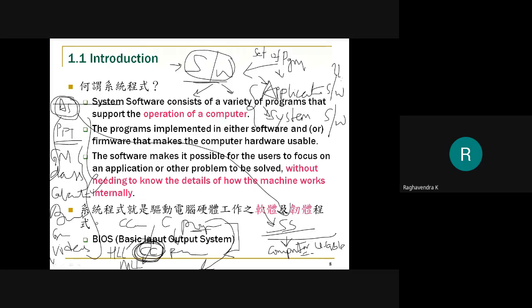Why? Because we have written the program in high level language that is easy for us to write and understand, but the machine does not understand that. It only understands zeros and ones, or binary language. So if I want my program to be executed, then what do I need?